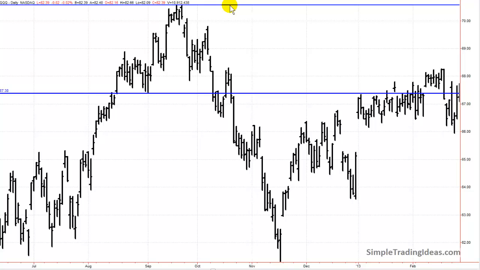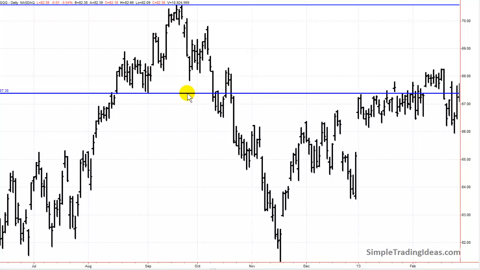So traders who are using this particular method are particularly aware of the distance between the top end of the range and the bottom end of the range, because that is defining the level of risk. And here we've got like 67 and a half, say 68 and a half, 69 and a half. So we're talking about a range there of $3 per traded share.